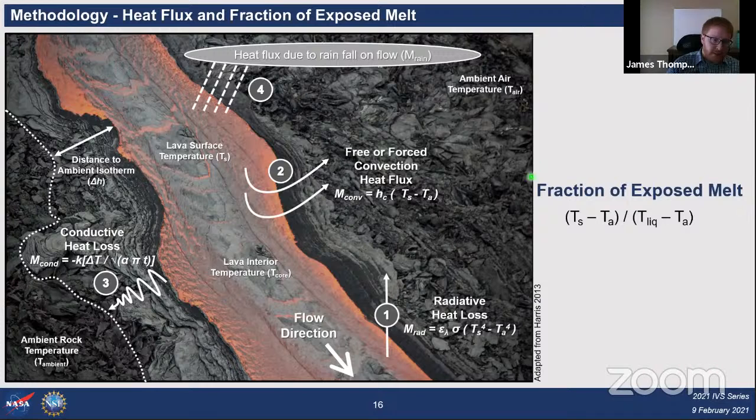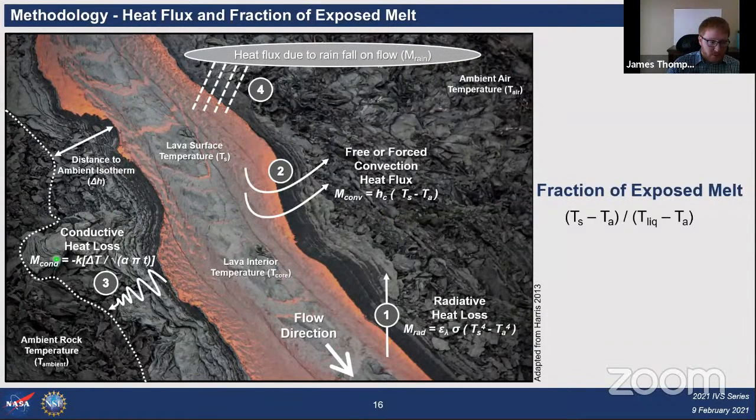Secondly, I'm looking at heat flux, and I'm using three components in the calculations. First, the radiative loss, which relates to emissivity and temperature to the power of 4. Second, forced convective flux, which relates to temperature, because during most of the data I acquired there was some wind.